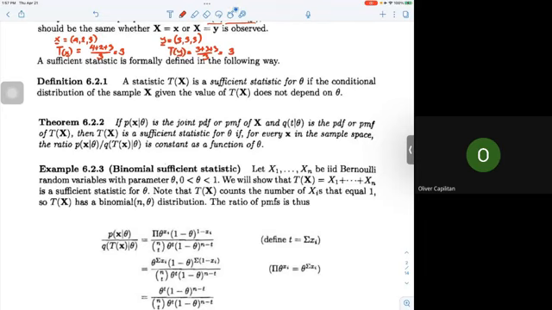So we call this the working definition in showing that a particular statistic is a sufficient statistic.